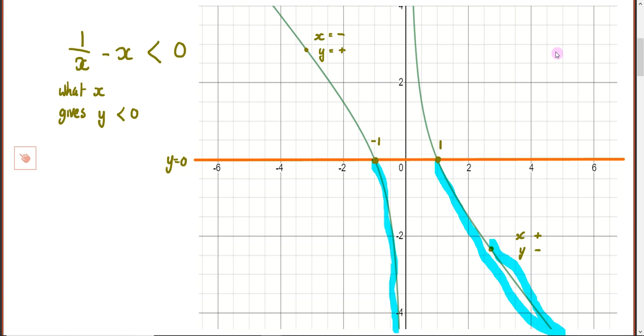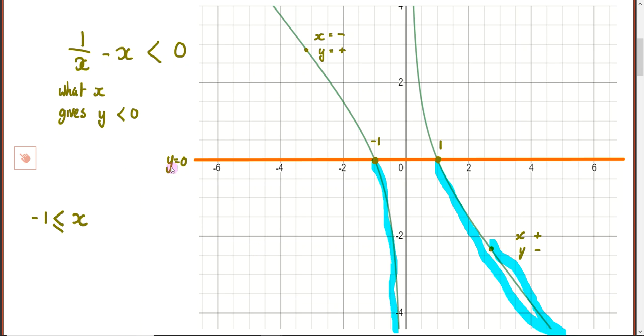So the solutions to my inequality are: x must be either between -1 or equal to, and then hang on. Let him finish.